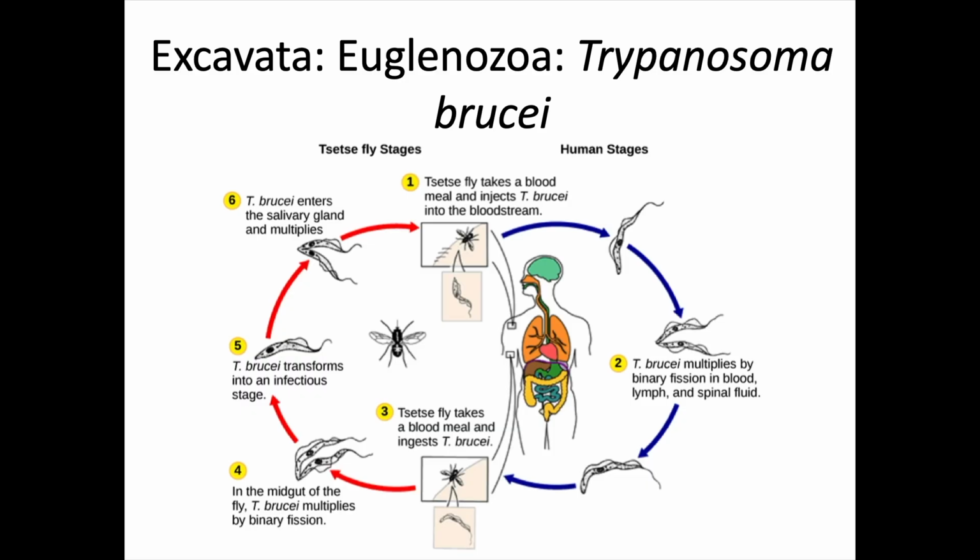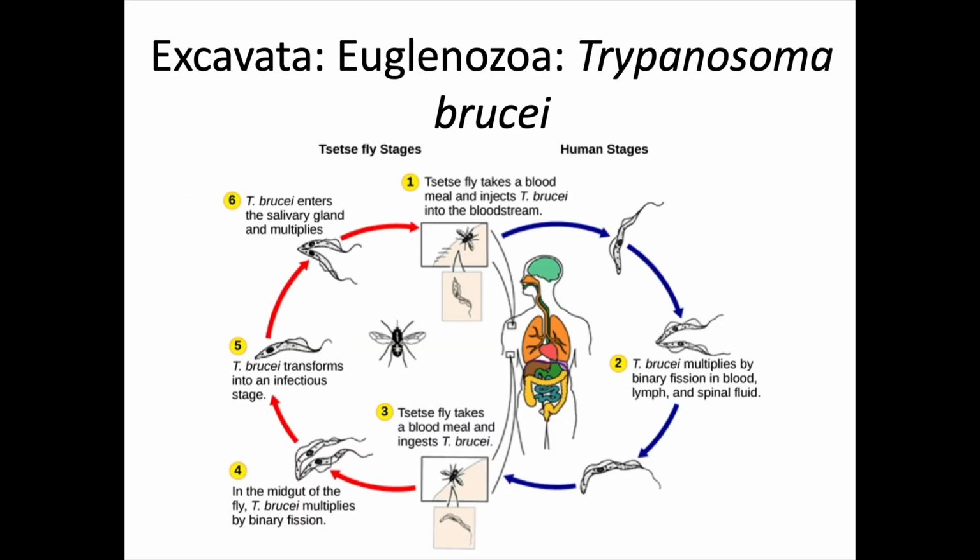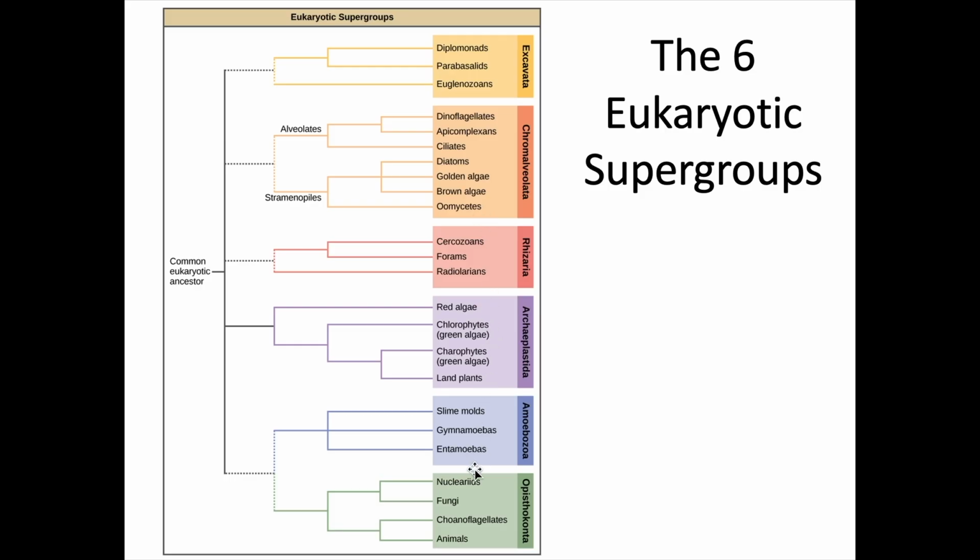A lot of these parasites have complex life cycles, and here, don't sweat all the details, but yeah, this is Trypanosoma brucei. African sleeping sickness is the disease that it causes. So, okay, we've finished with all 6 of these eukaryotic supergroups at this point.